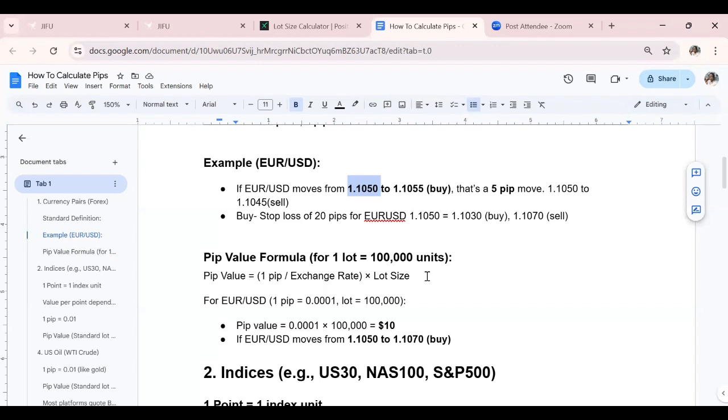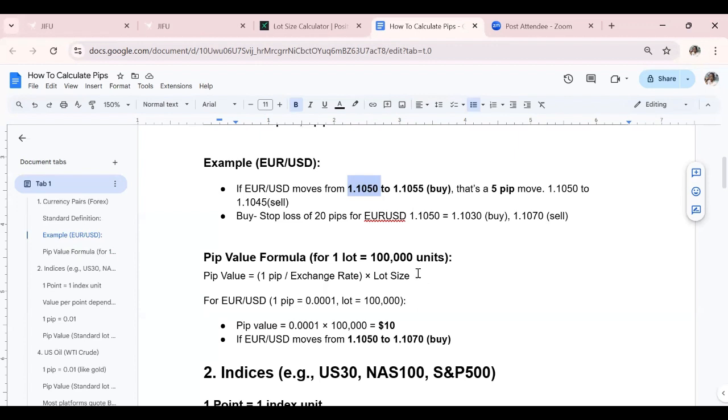You can't actually say the current price, because what we are calculating is not the current exchange rate. We are just calculating the value of a single pip.